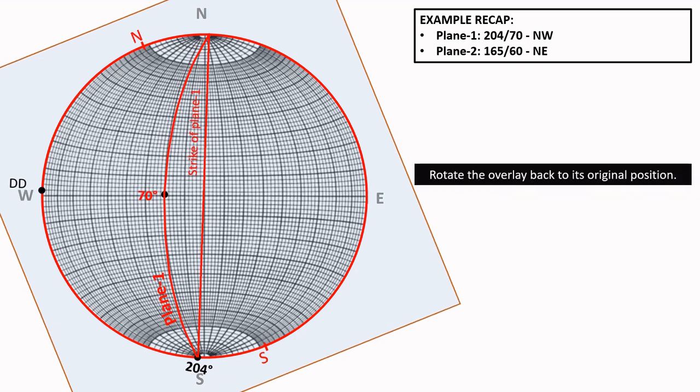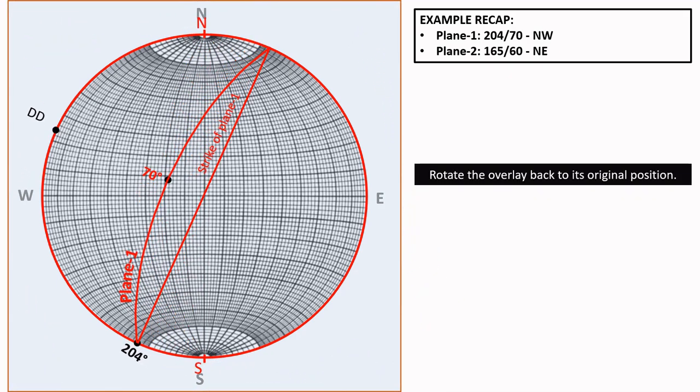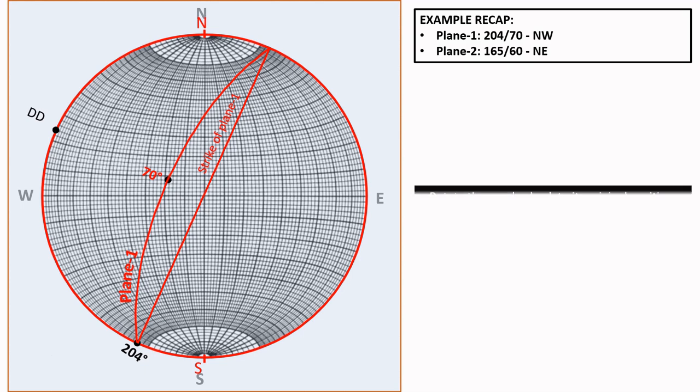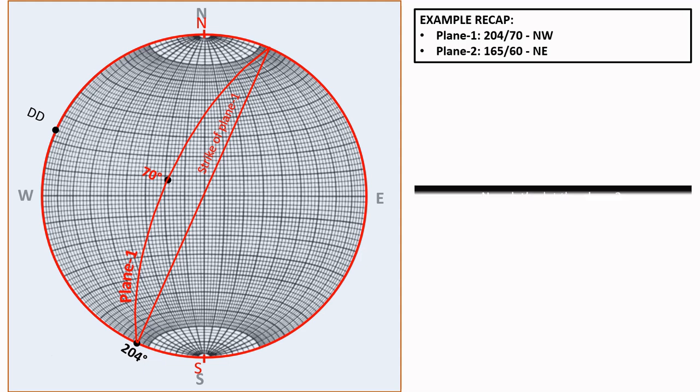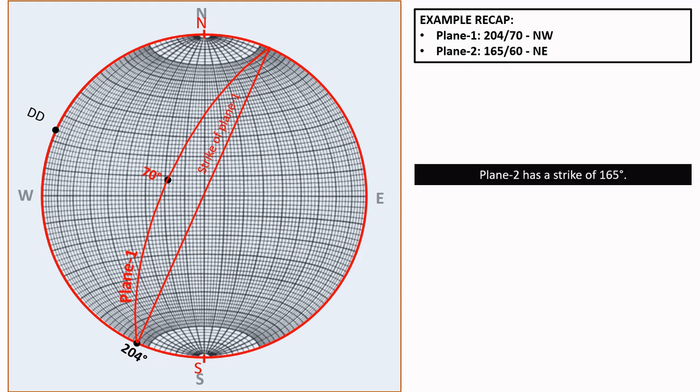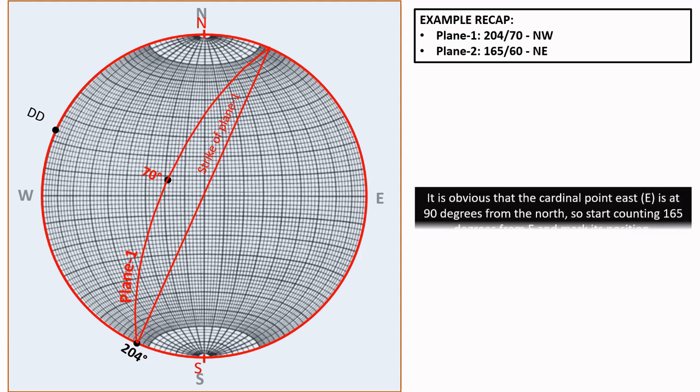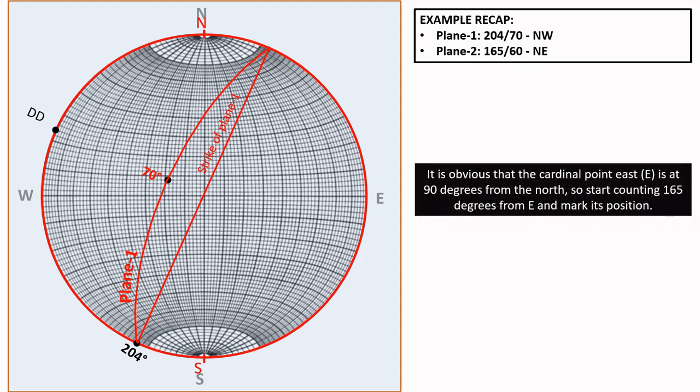Rotate the overlay back to its original position. Now, let us plot the plane 2. Plane 2 has a strike of 165 degree. It is obvious that the cardinal point of east is at 90 degree from the north.